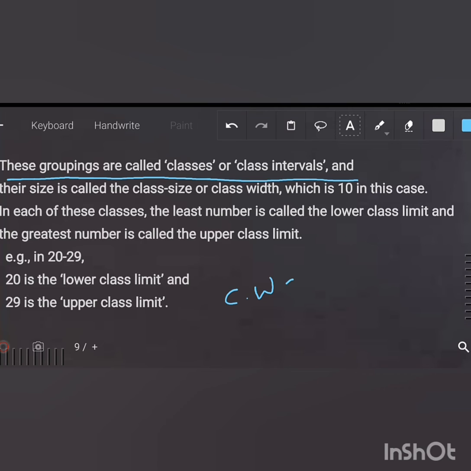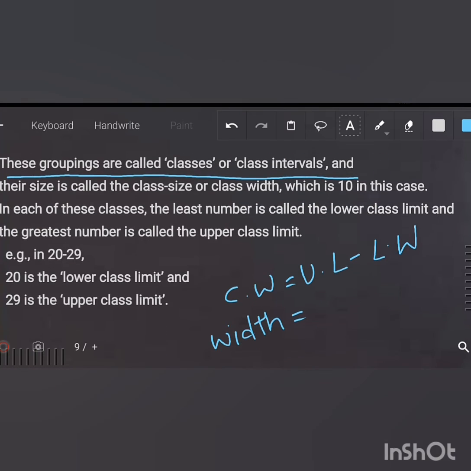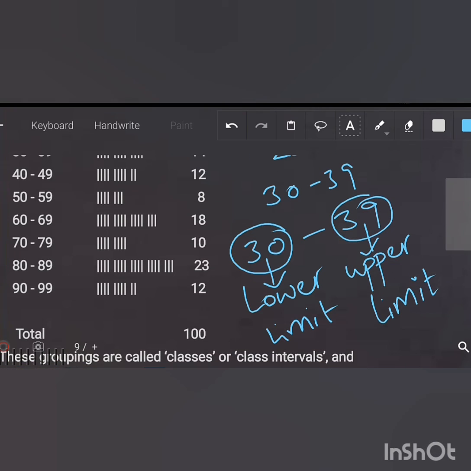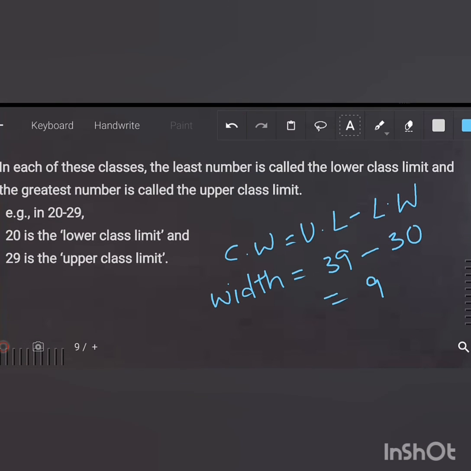Class width is nothing but upper limit minus lower limit. To find the class width, the same example, let us take 30 to 39. Upper limit is 39 minus lower limit 30 equals 9. So our class width is 9.